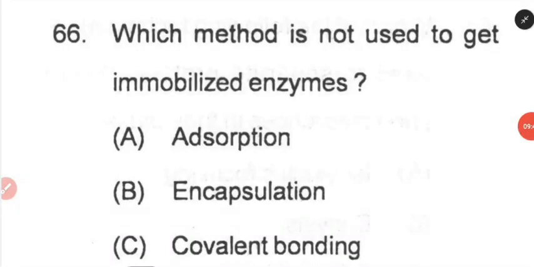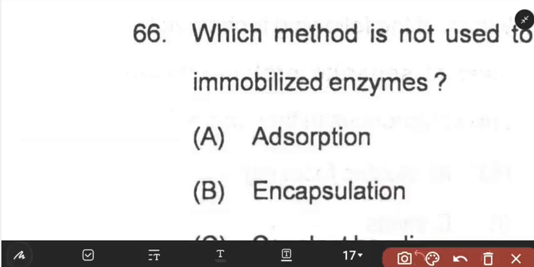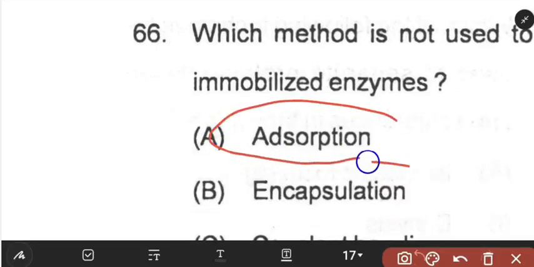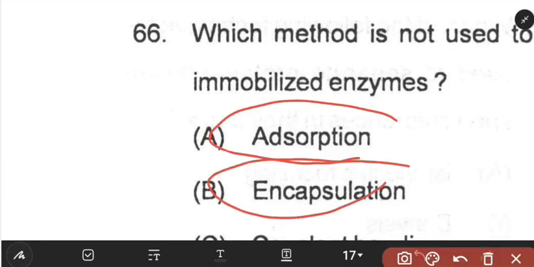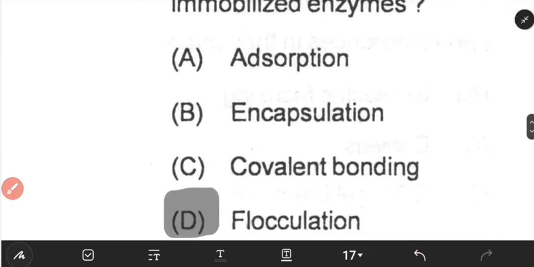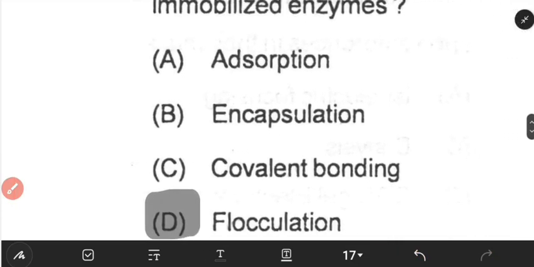Next question. Which method is not used to get immobilized enzymes? We utilize adsorption, encapsulation, and covalent bonding, all these things to get immobilized enzymes.